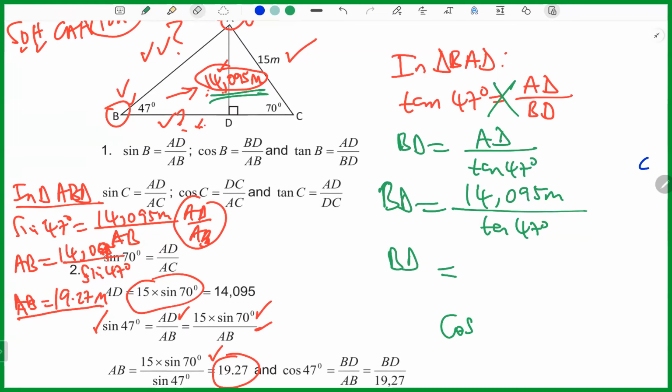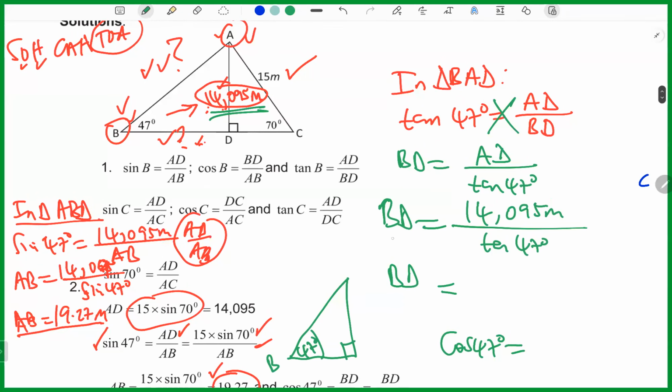In this triangle, this is 47 degrees, that is A, that is D. The cosine is adjacent over hypotenuse, so it will be BD over the hypotenuse, which is AB.